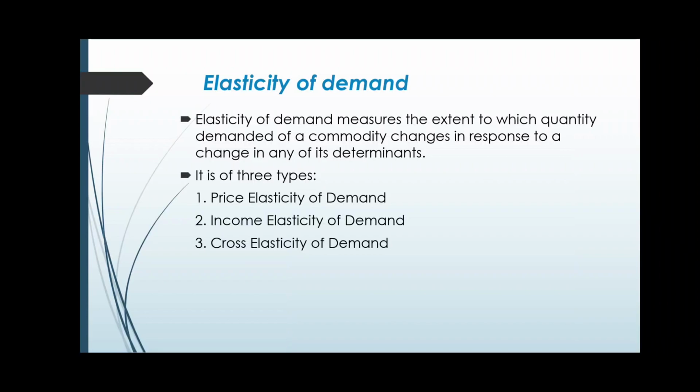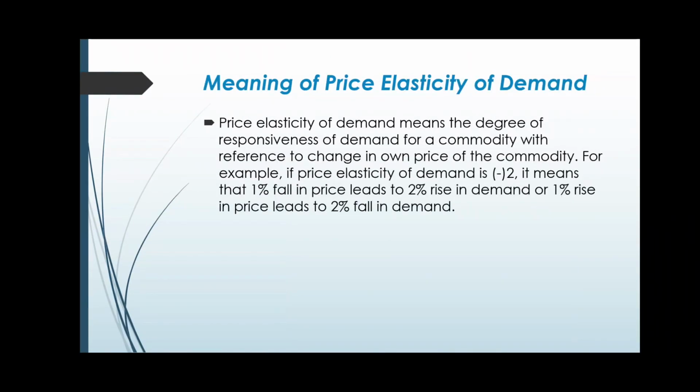So because these three determinants are very important, that is why these three types of elasticity of demand have come up. But in your syllabus, you are expected to study only the first one, that is price elasticity of demand.